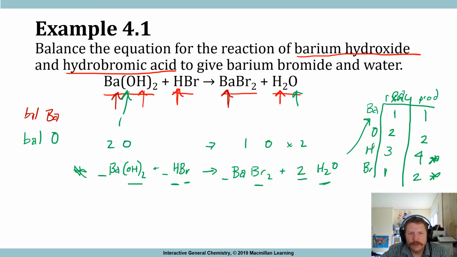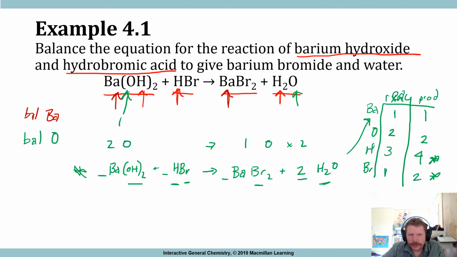So the next thing I'm going to do is, well, what would be the easiest thing to do? If I tried to balance my hydrogens, that's going to present a little bit of a problem, because I'd be balancing an even number and an odd number. That could be a little bit tricky. But my bromine is a good candidate to go after because it's only found in one molecule on the reactant side and on the product side.